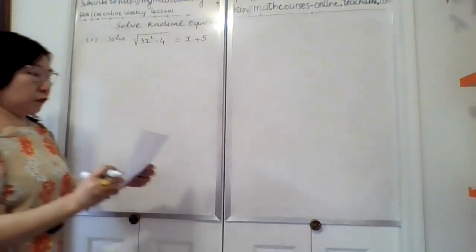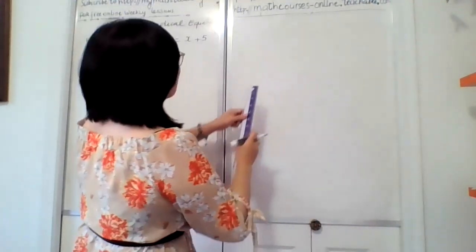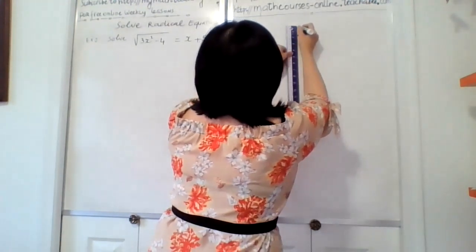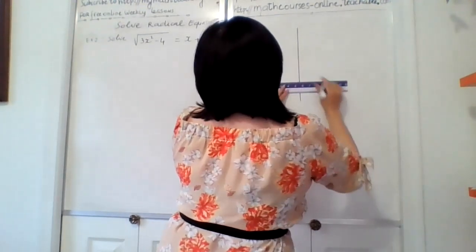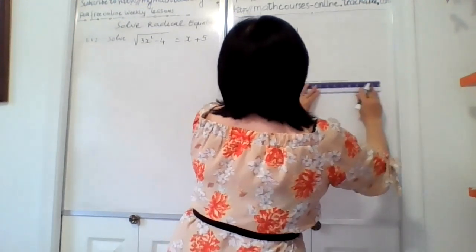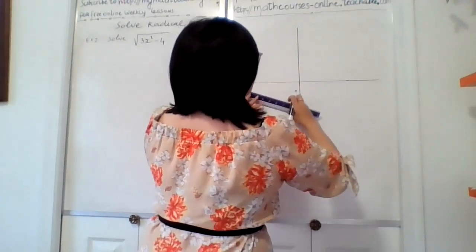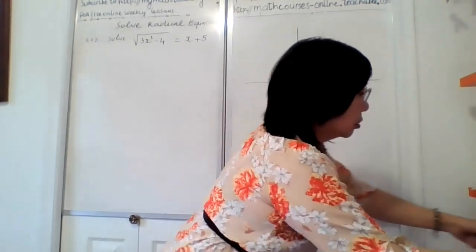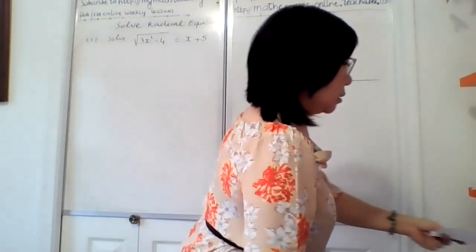And we're going to solve both algebraically and graphically as well. So let me do it algebraically. Let me check, make sure I write the equation correctly. 3x squared minus 4 and x plus 5.